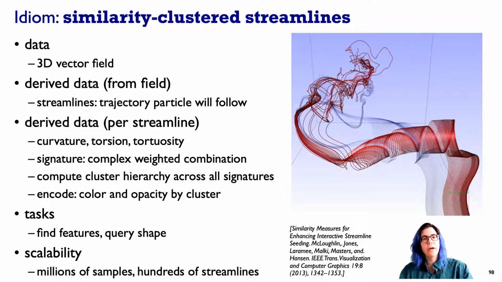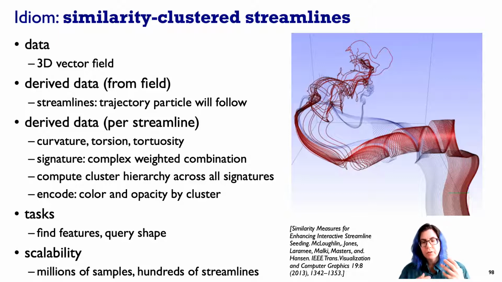We'll talk more about hierarchical clustering later on when we get to filtering and aggregation. But for now, what you can see here is there's a red cluster and a purple cluster that they have color-coded and opacity-coded so that you could differentiate between these two types of trajectories, which is multiple levels of derived data from the original raw data.